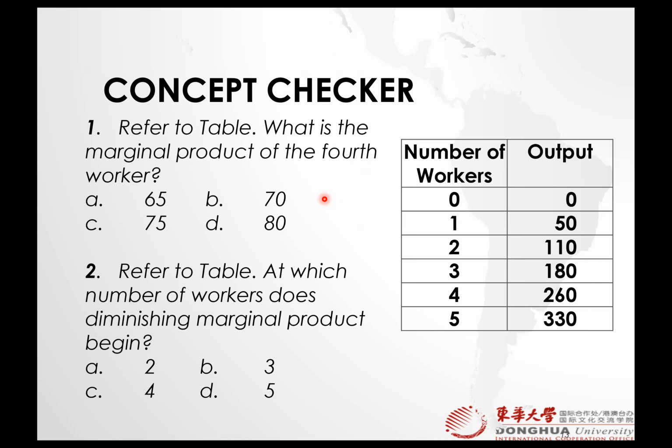So when you add the fourth worker, your productivity jumps from 180 to 260. How much is the difference? Is it 65, 70, 75 or 80? 80. Then the answer would be D. Now you understand that? Because we want to find out marginal productivity, right?